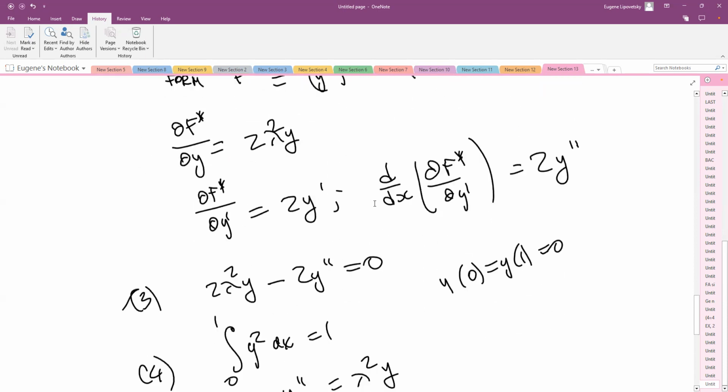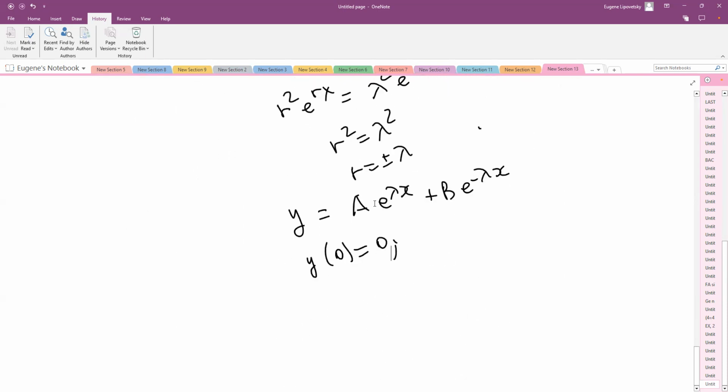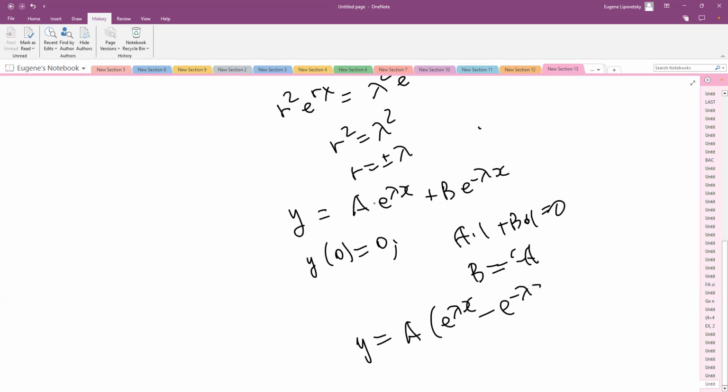This is correct, this is correct. y of 0 equals 0, that means a times 1 plus b times 1 is 0, so we get the same condition with lambda a function of x, so b equals minus a. And so y equals a times e to the lambda x minus e to the minus lambda x.